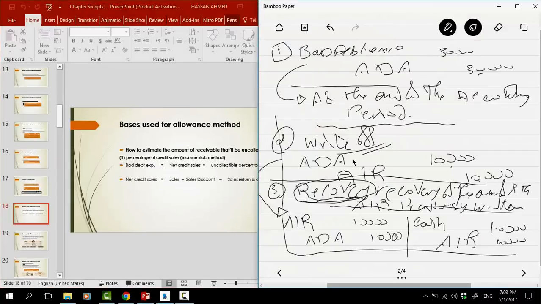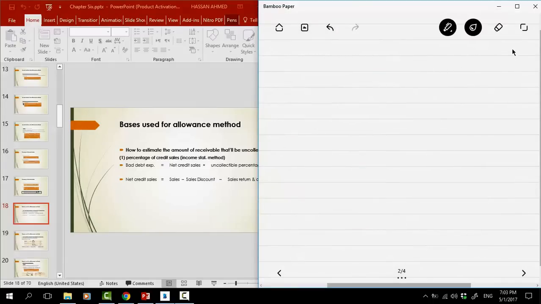This portion will be estimated by two ways. Number one, the first method, percentage of net credit sales.